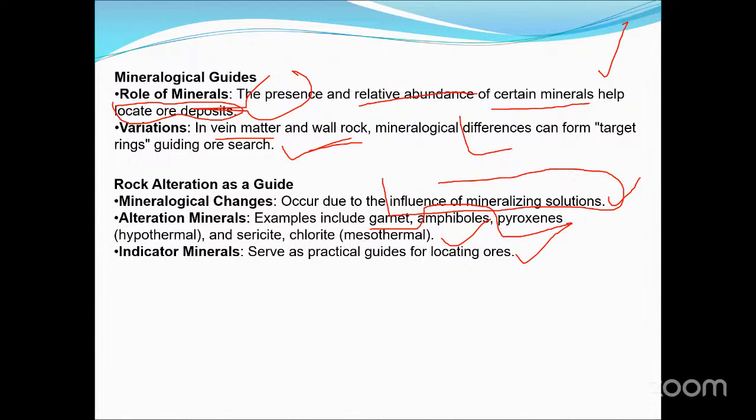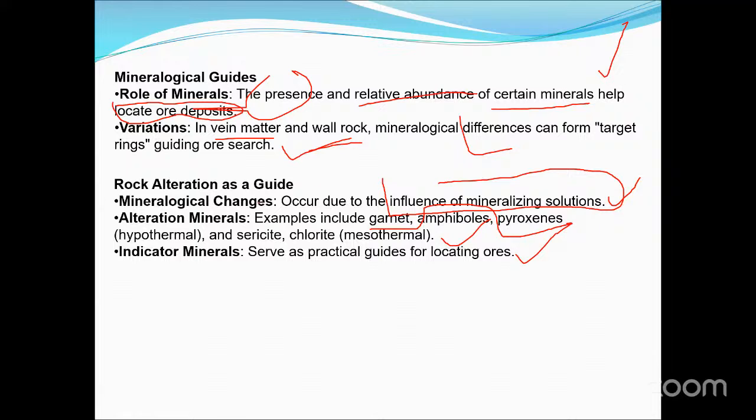So in mineralogical guides, the role of minerals: the presence and relative abundance of certain minerals helps in locating different types of ore deposits, and variations like vein matter and wall rock mineralogical differences can form target rings guiding the ore search.